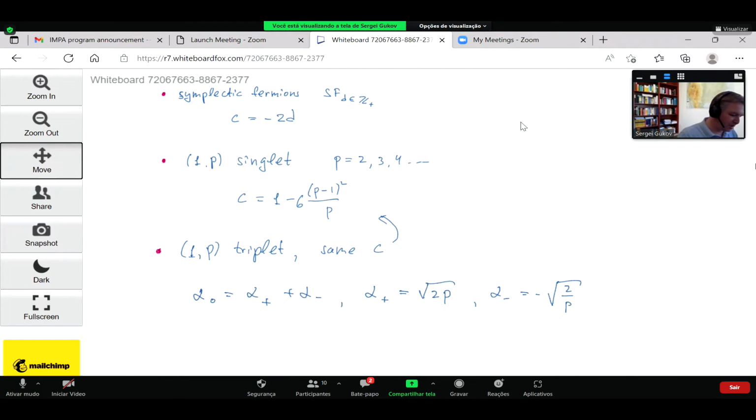Then we can start with a lattice VOA associated with a lattice lambda, which I'll take to be the rescaled root lattice of SL2, rescaled by square root of p. So altogether, this is basically a rescaled one-dimensional lattice.